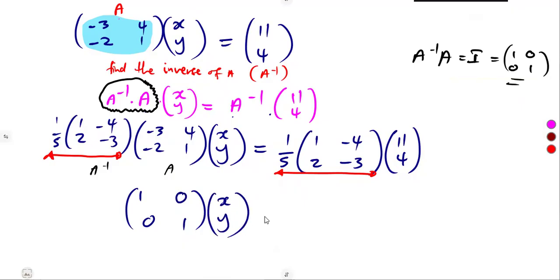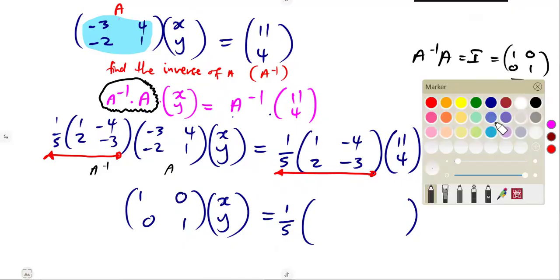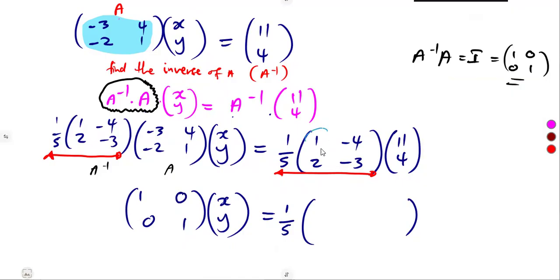Times [x; y] is equal to, on this side, we can multiply. So let's ignore the 1/5. Take it just as a scalar. We just multiply as usual, guys, row by column. Remember your concept. So we're going to take this row to this column.